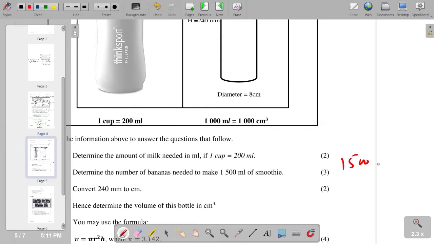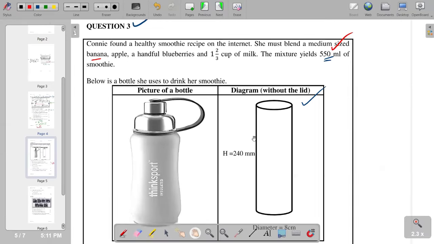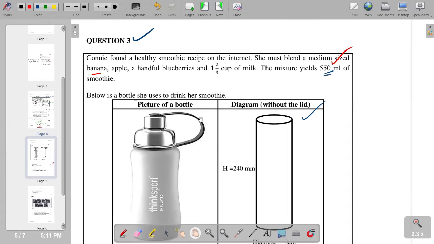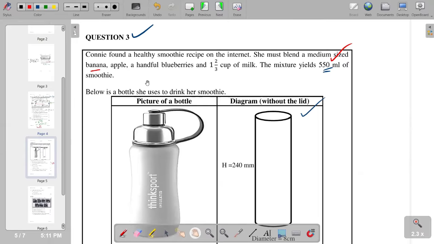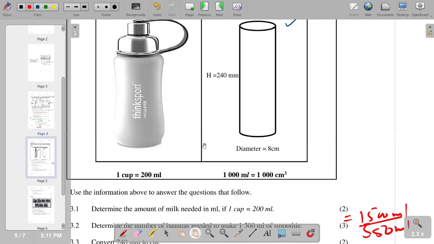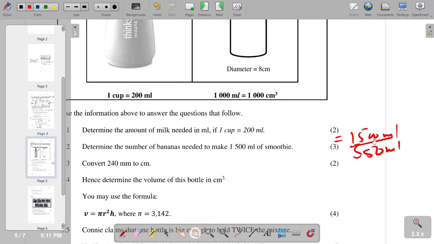So obviously, we are just going to say 1,500 milliliters, and then we divide by 550 milliliters. So we can see that we have got 550 milliliters being made by 1 banana. So we want to see how many bananas will be inside 1,500 milliliters. So we just divide.